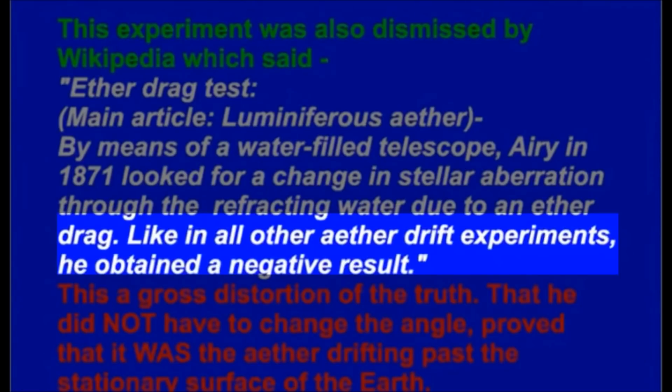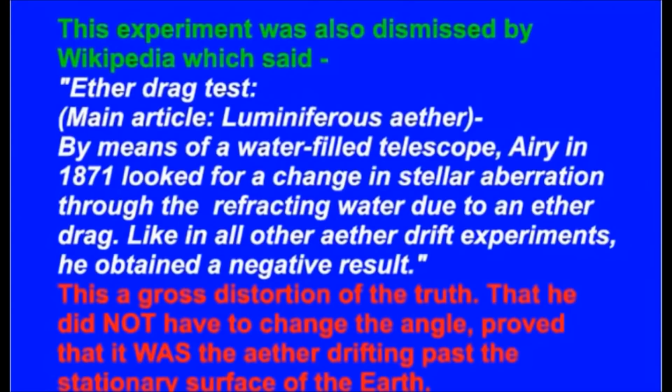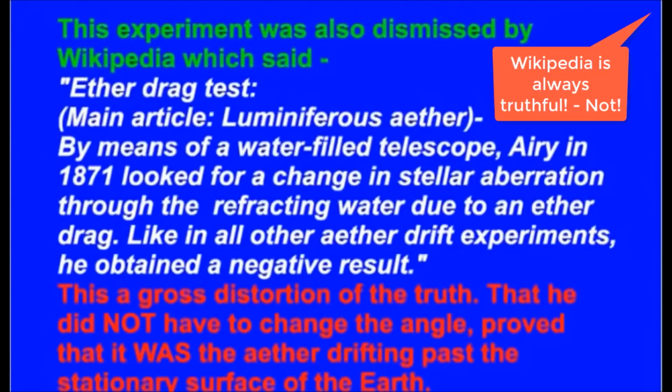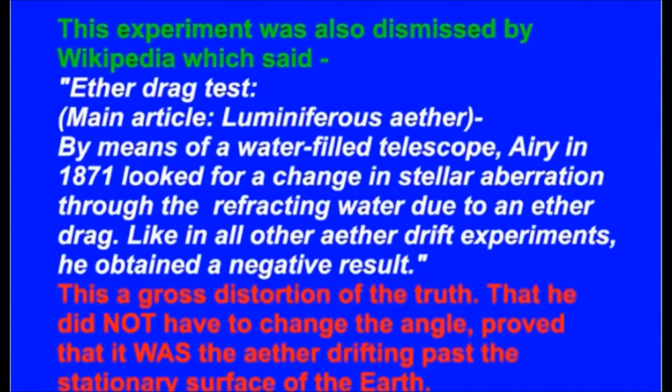Like in all other ether drift experiments, he obtained a negative result. This is a gross distortion of the truth. That he did not have to change the angle proved that it was the ether drifting past the stationary surface of the Earth.